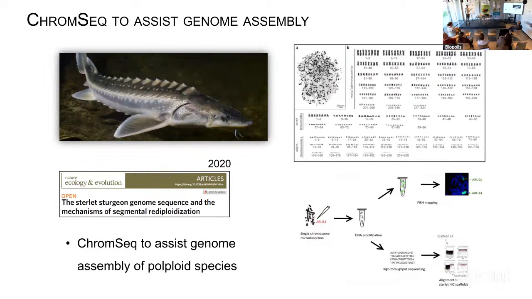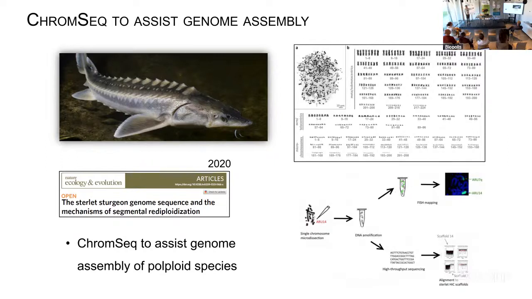Nowadays, chromosome sequencing is still used to assist genome assemblies of complicated species. For instance, Acipenseridae, sturgeons, are particularly complicated from a ploidy point of view. The karyotype there is the karyotype of the Siberian sturgeon, and as you can see, it is octaploid. So as you can see from the metaphase, it's quite difficult to assemble the genome of such species.